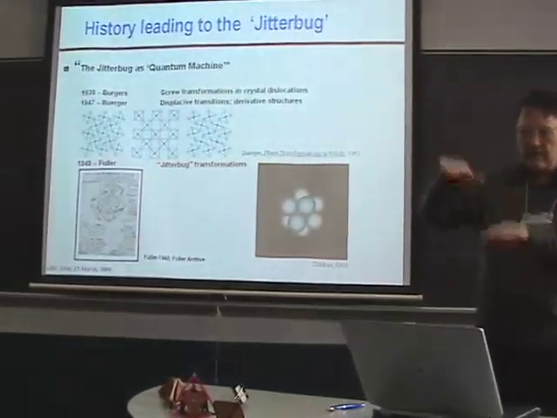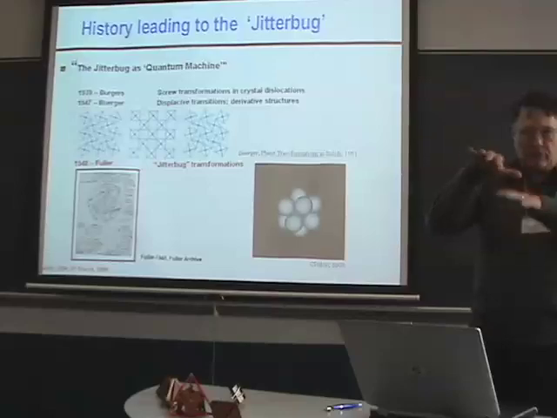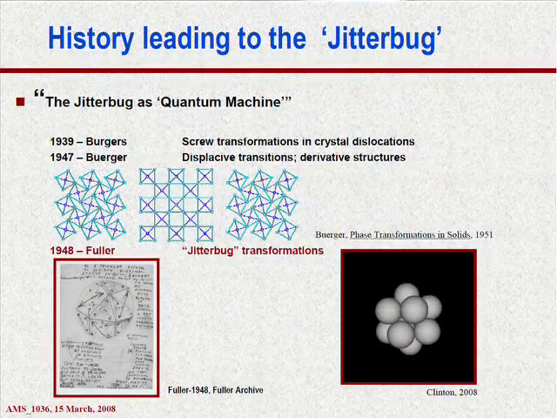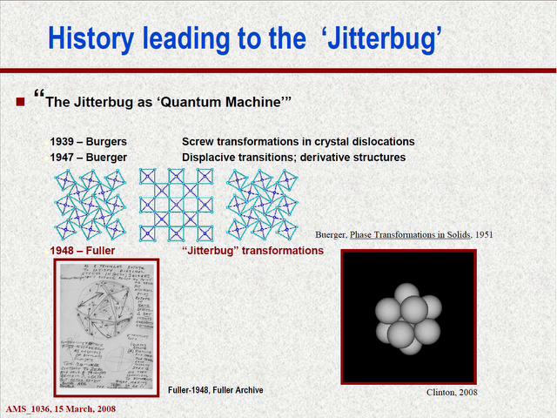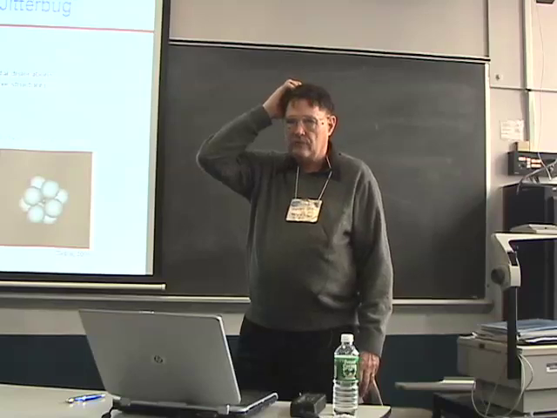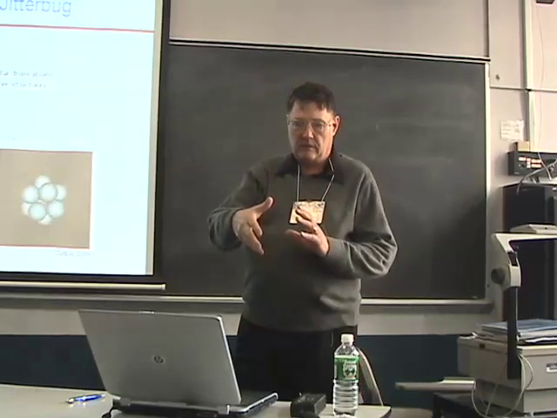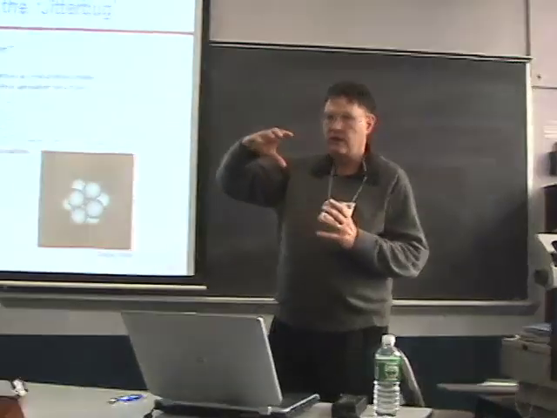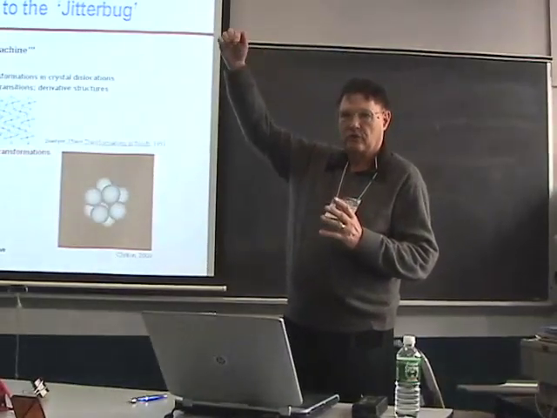If we stop there, because in that graph that's where you started to see that incline, in 1939, along that same region, there was a fellow named Burgers who published a report on screw axis transformations in crystal dislocations. There he was talking about the arrangement of atoms going through a rotation and translation in a screw axis motion.